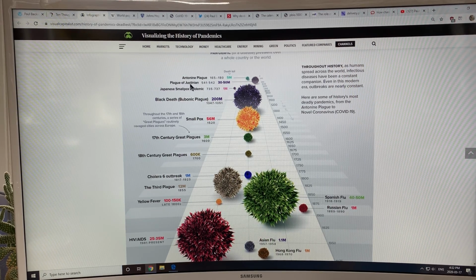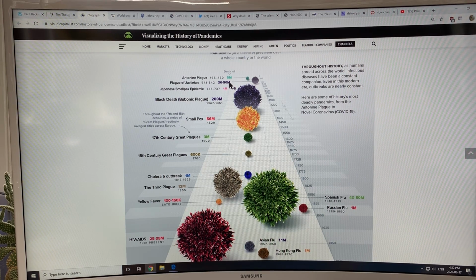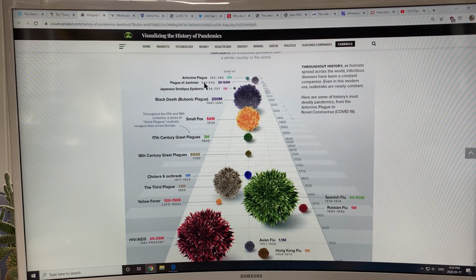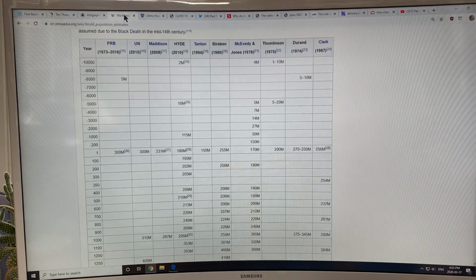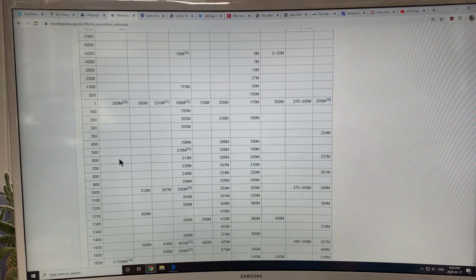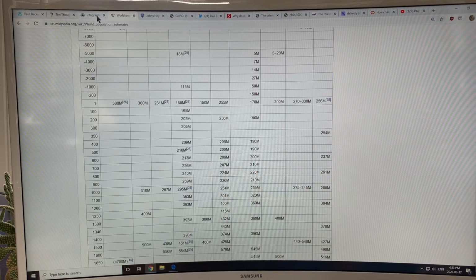Here's the plague of Justinian, 30 to 50 million estimated death toll, 541 to 542. Back at 541, there were roughly 200 million people or so on the planet.